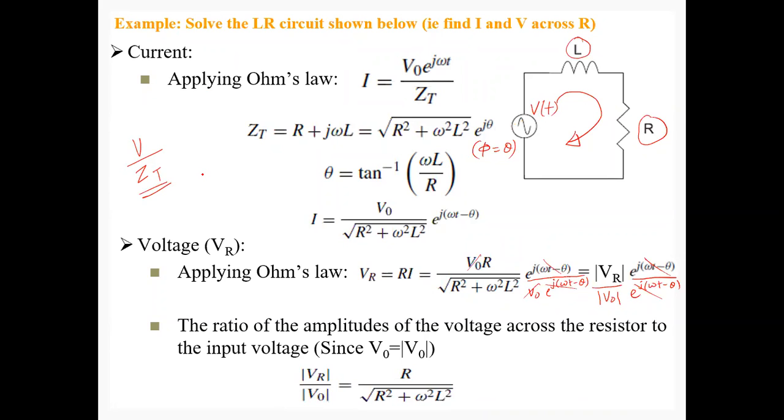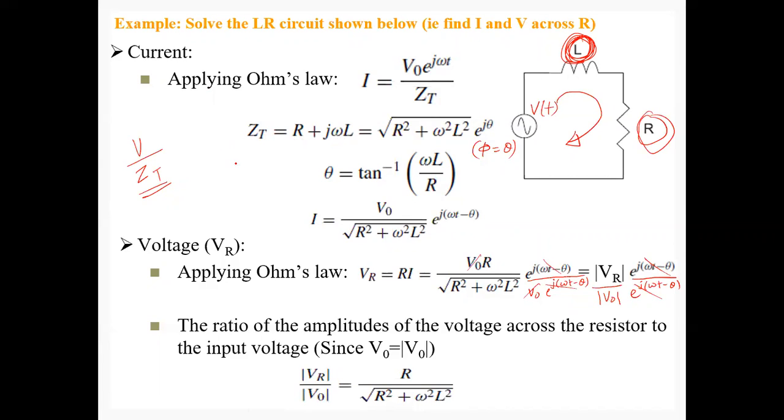So what is the total impedance in the circuit? One from R, this is R. And then you have to add the impedance from L, which is j omega L. So this can also be written in this form.